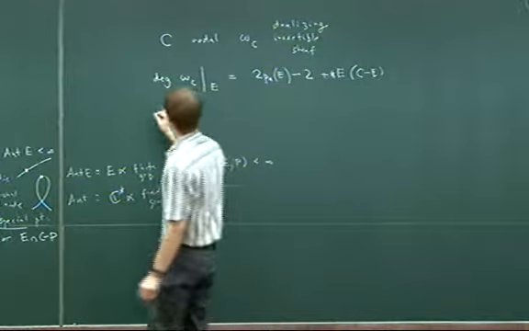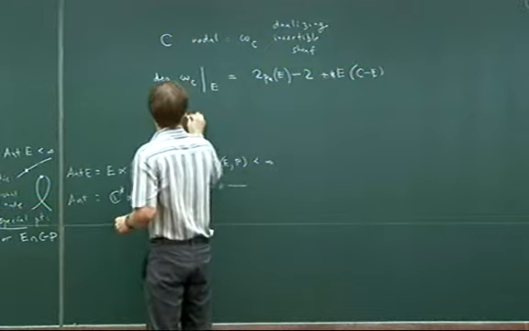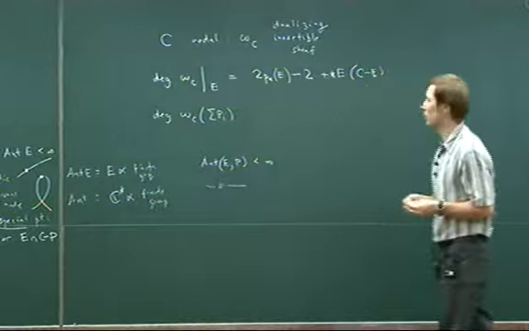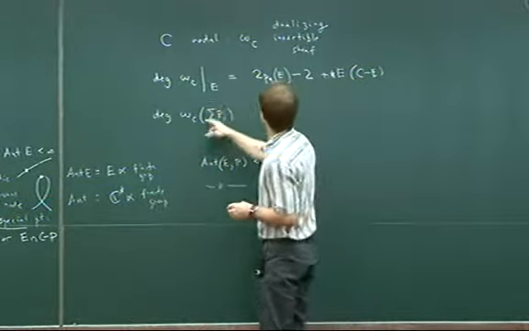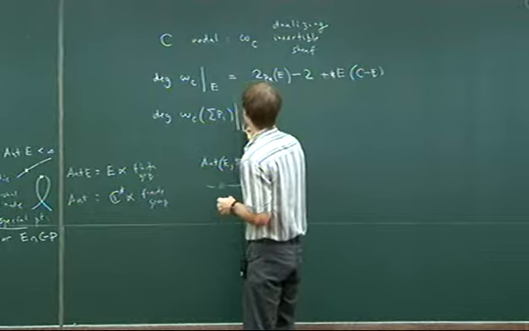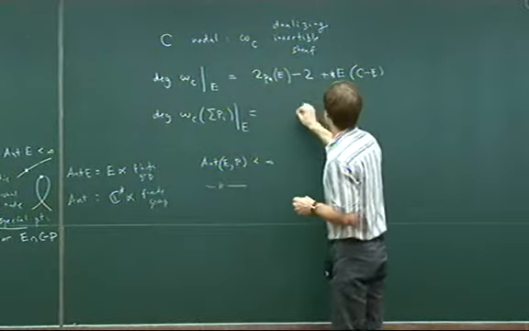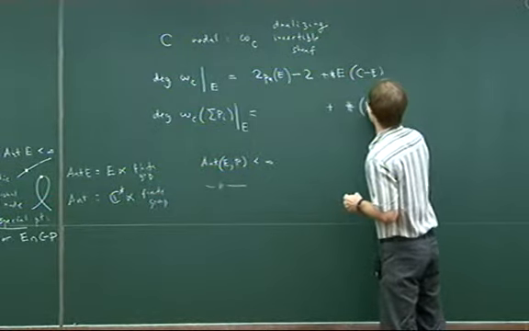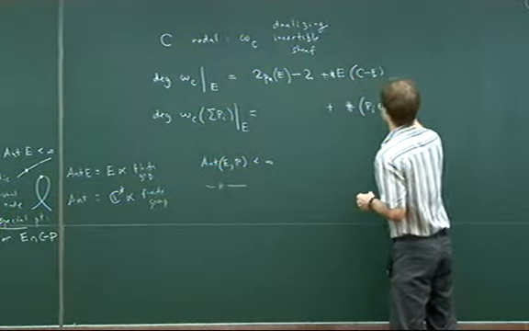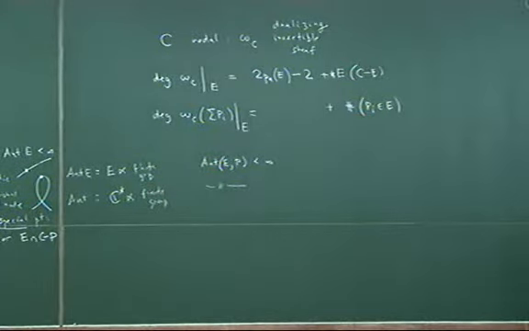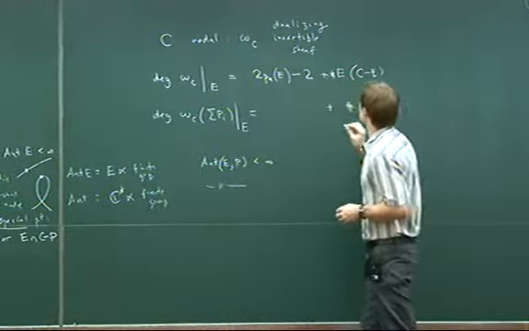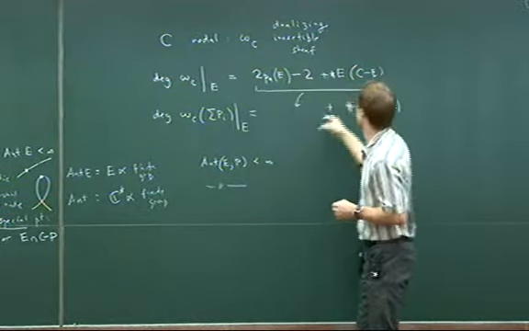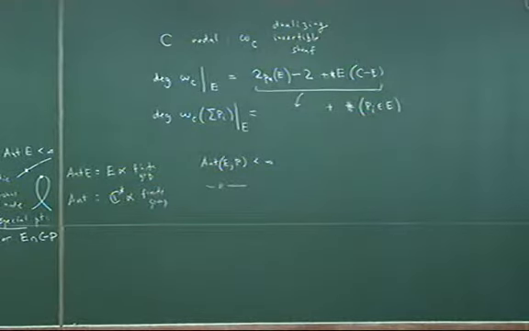And so when we have these non-singular points, this is still an invertible sheaf, so it has a degree. And so I just copy this number plus the number of points P_i in E.